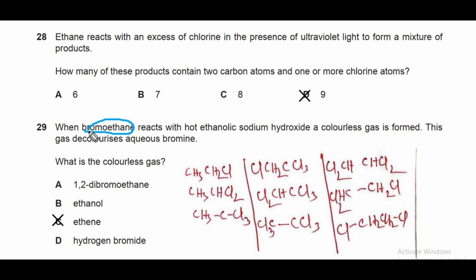A bromoalkane, haloalkane, reacts with ethanolic sodium hydroxide, and an alkene is produced. So bromoethane has 2 carbons, so ethene will be produced, bromoethane to ethene. Then this ethene decolorizes bromine water. So the answer will be C, ethene.